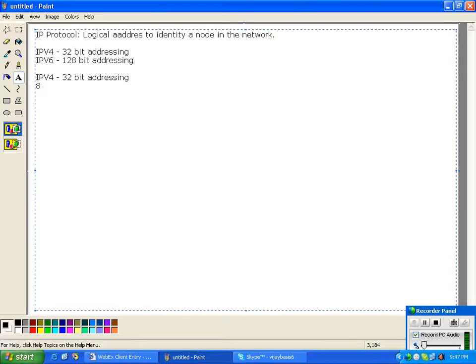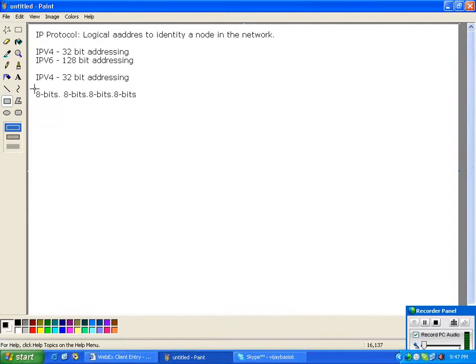This 32 bits is divided into 4 octets: 8 bits, dot, 8 bits, dot, 8 bits, dot, 8 bits.